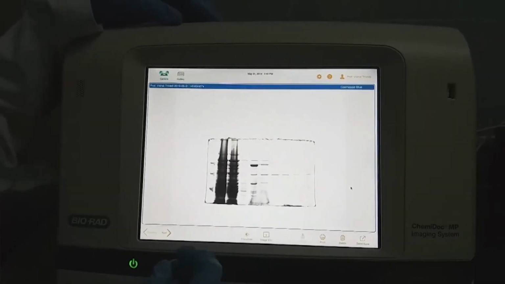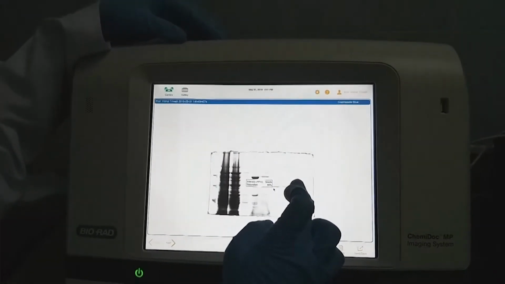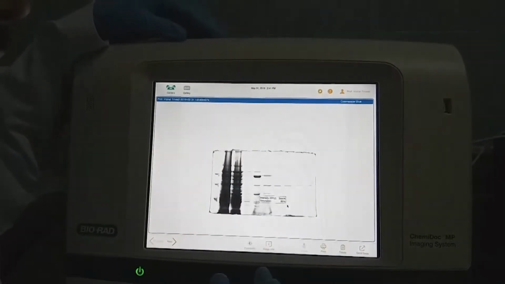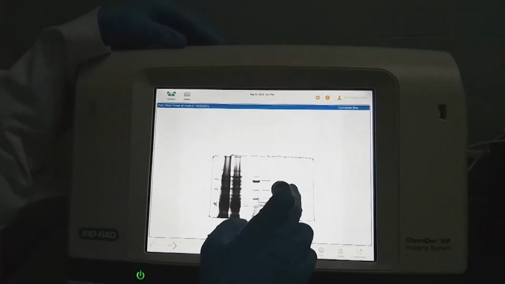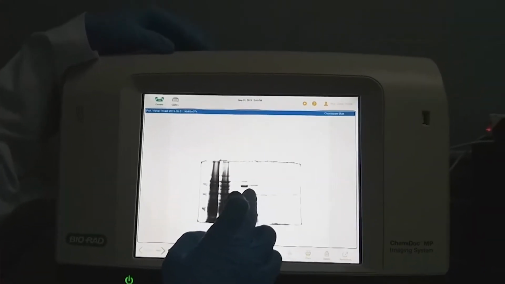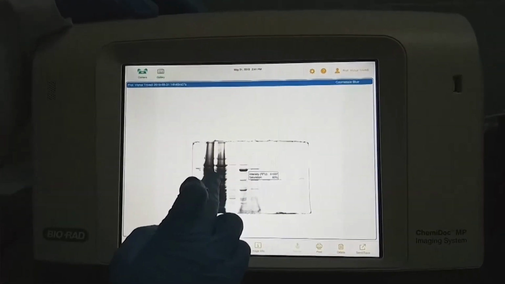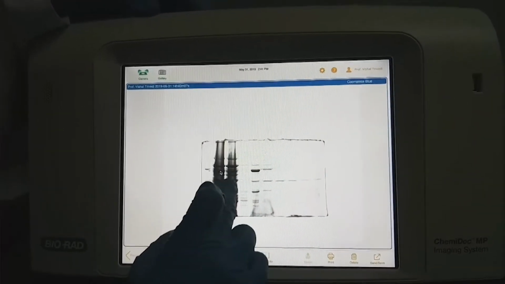As we can see, the eluted fraction shows a band corresponding to this protein, but the molecular weight can be calculated using the Image Lab software. In the protein corresponding to this His-tagged purification, most of the protein is going in the flow through fraction.